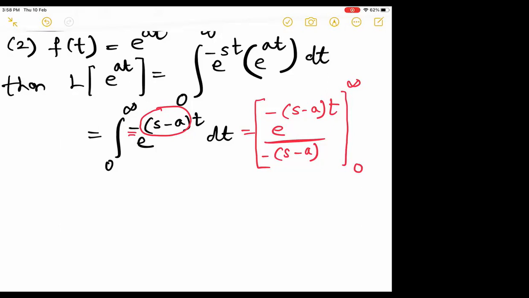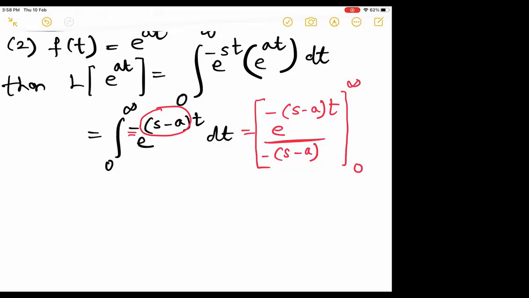Both are exponential functions, so indices are added whenever they are multiplied. So actually you are having minus st plus at, and that is written as minus taken outside, so it's minus (s minus a) into t. This is addition of the indices.